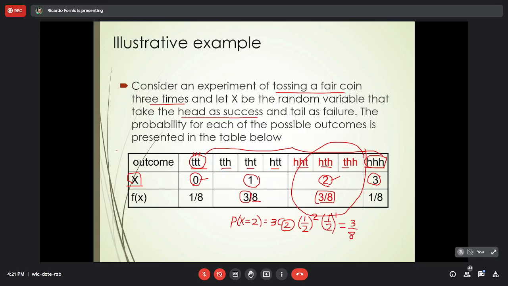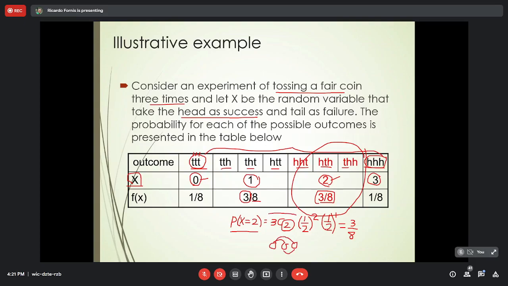You don't have to really count it one by one. You don't have to list all the possible outcomes. If you understand the formula, you can just rewrite the formula. 3 combined 2, no? 3 combined 2, you have 1, 2, and 3. So 3.